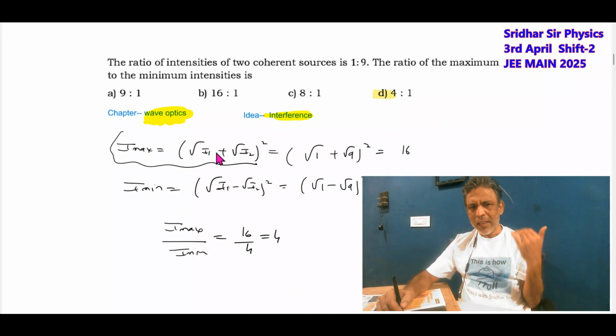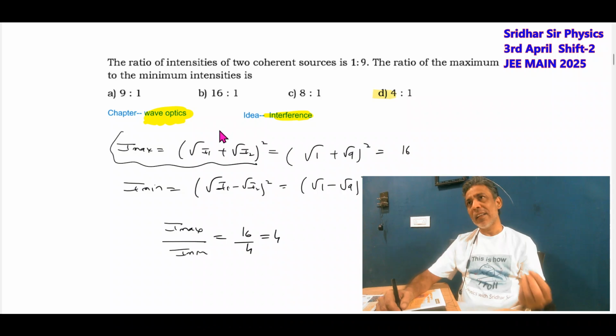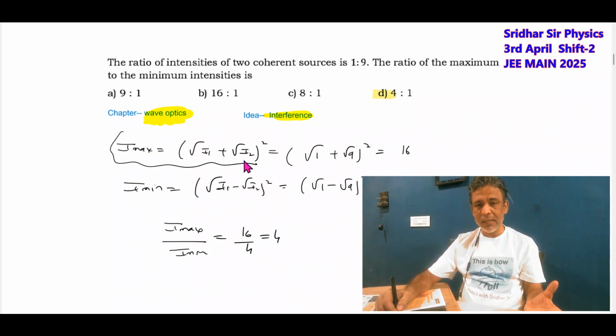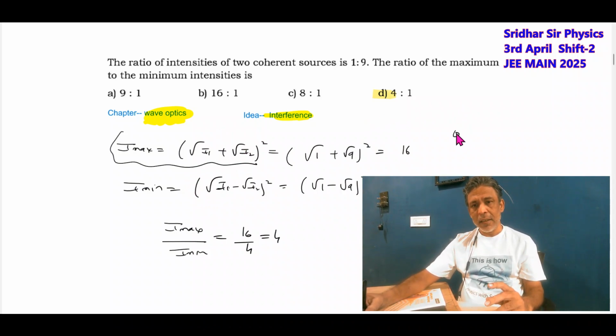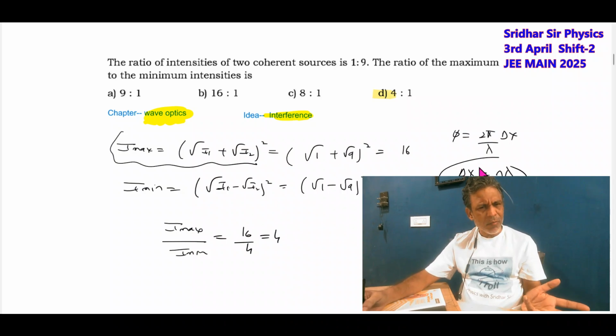And you should know the basic idea of what you mean by interference, constructive interference, destructive interference. For constructive interference, the path difference is equal to n lambda. For destructive interference, the path difference is equal to (2n minus 1) lambda by 2. All these formulas.